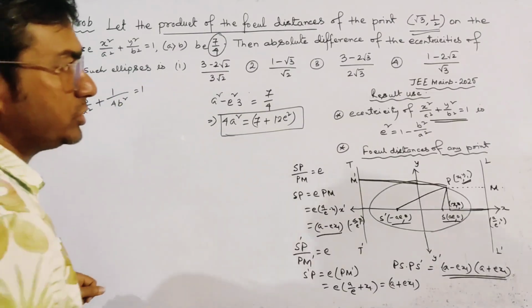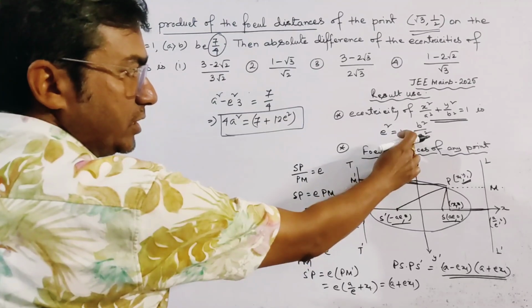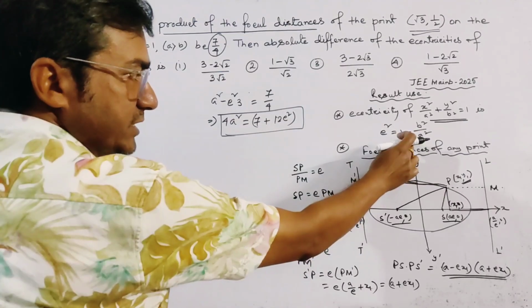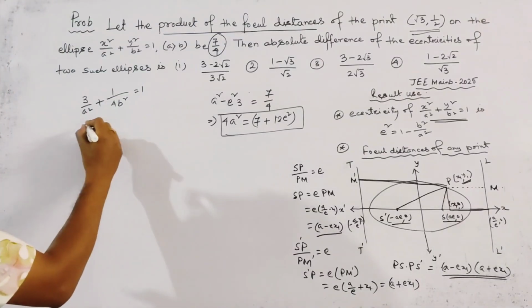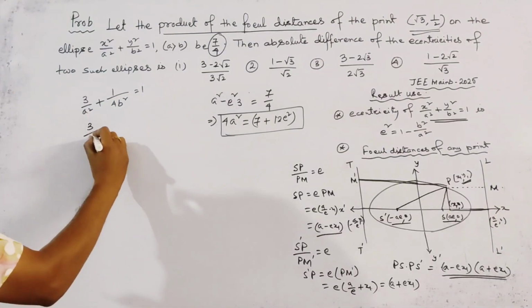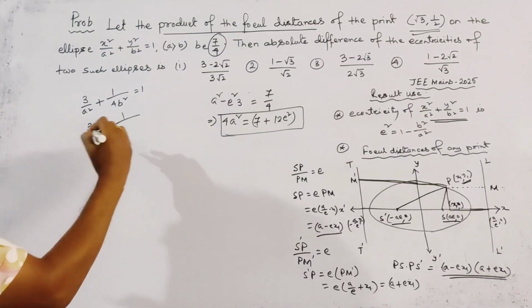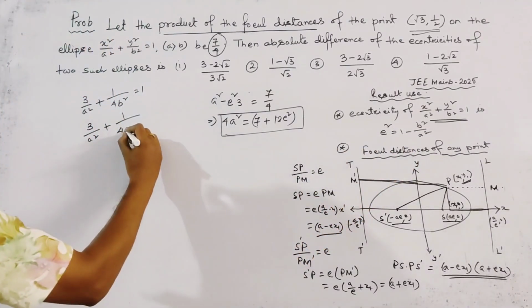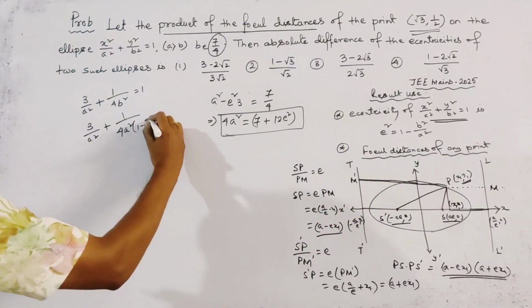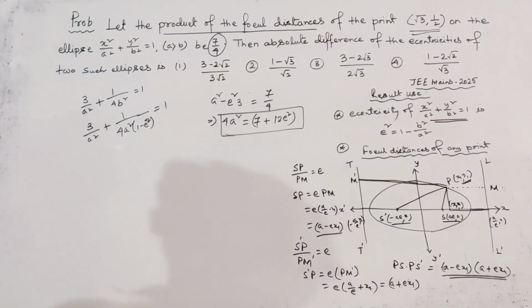Now we put the value of b square from the definition of eccentricity. We get 3 by a square plus 1 by 4 into... what is the value of b square? b square is given by a square into 1 minus e square. This equals 1.